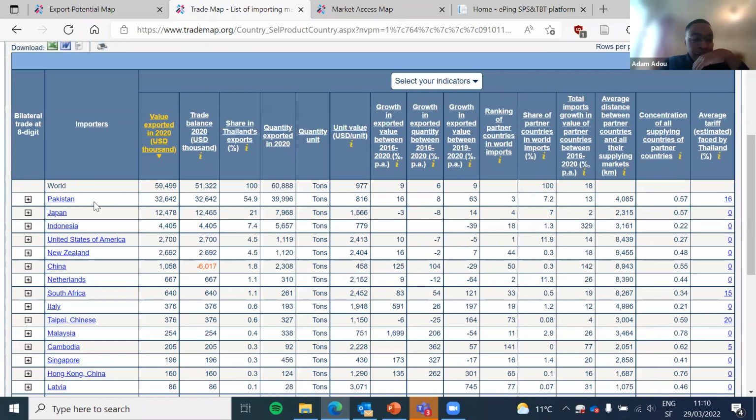But now we're looking at the different countries listed here. We're thinking, why then is Thailand not focusing on the United States of America, as it's the biggest market? It gives you a hint about the size of the market. If we click on the United States of America, we're going to see the different competitors of Thailand for this product.